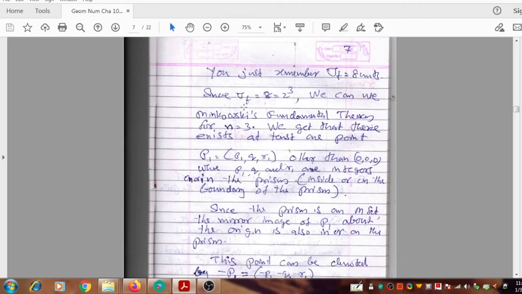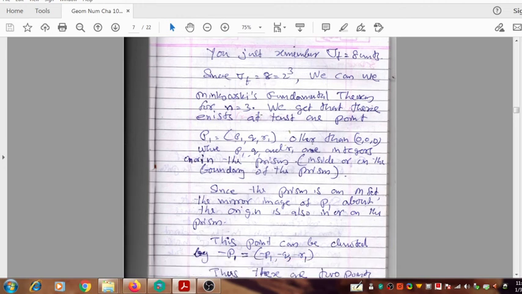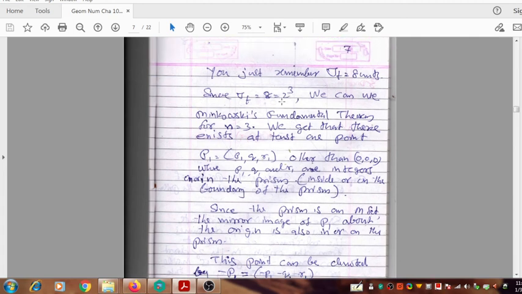So this del t can be written as 2 cube. The volume of the prism equal to 8 equals 2 cube. Now what is the importance of writing it as 2 cube? Now we are going to apply a theorem. We are going to apply Minkowski's fundamental theorem.